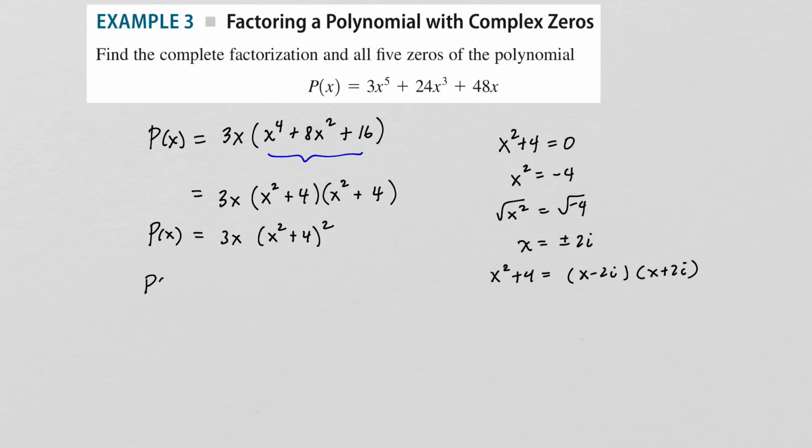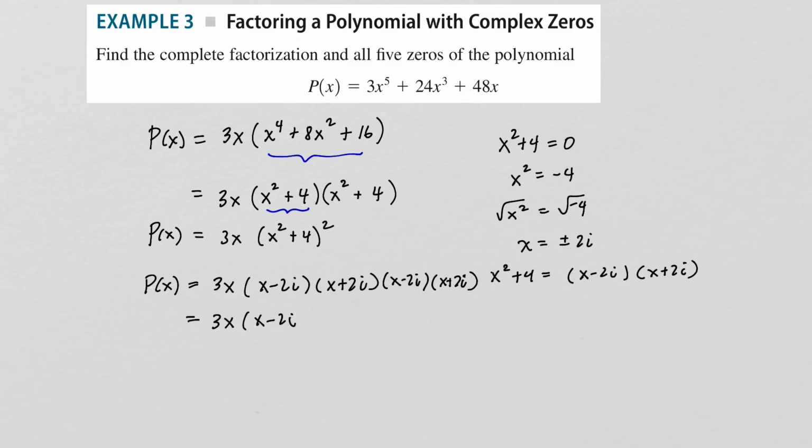So if we want to factor our polynomial over the complex numbers, this would become 3x times x minus 2i times x plus 2i, right? So that's for the first factor of x squared plus 4. But then we can multiply by x minus 2i and x plus 2i again. And finally, we can write this as x minus 2i quantity squared and x plus 2i quantity squared. And this would be the complete factorization of p of x.